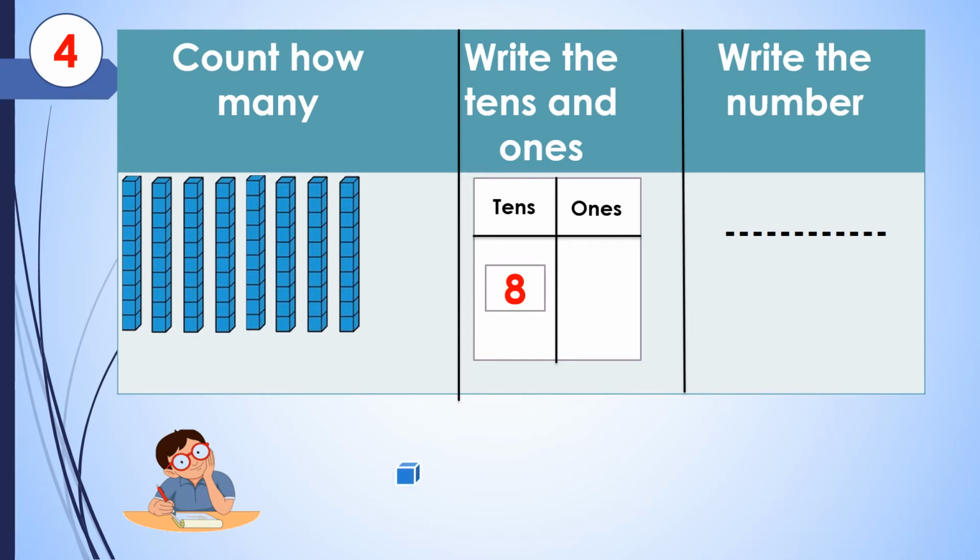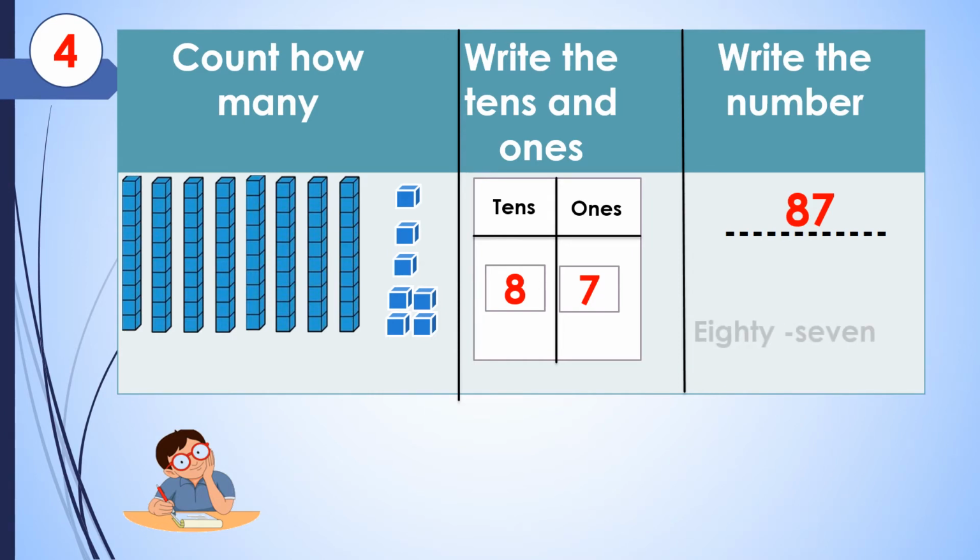How many ones? 1, 2, 3, 4, 5, 6, 7. How many ones? 7. How do we read it? 87. How do we write it? Okay.